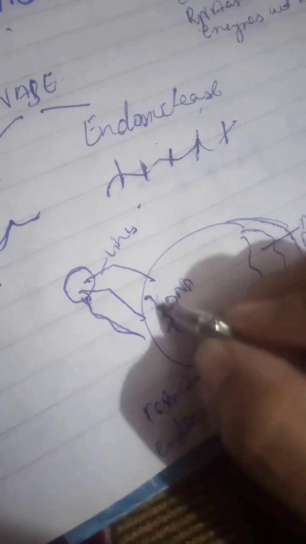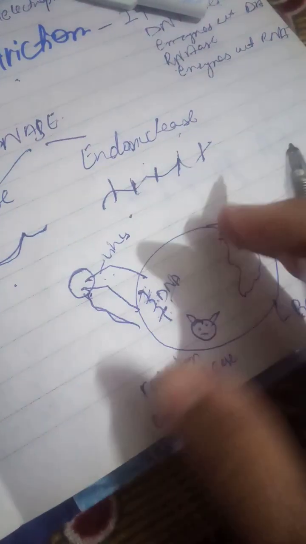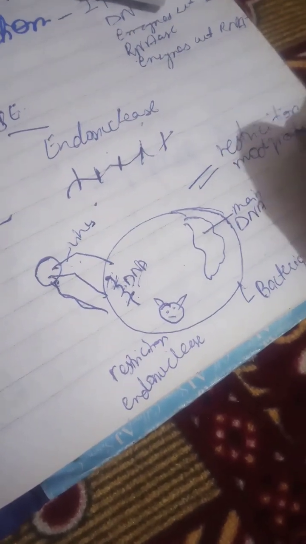It will not allow the virus to destroy the bacteria. The virus DNA is cut into pieces, which means it is killed, and antigens are made against it. Cutting the DNA and adding modifications, this whole process is known as the restriction modification system. Okay, so this was all.